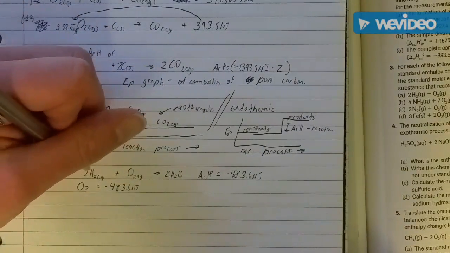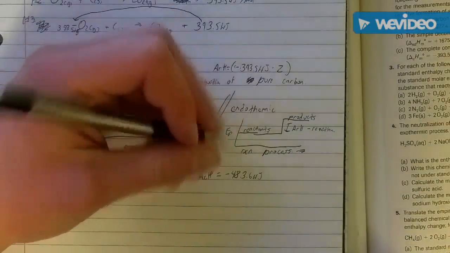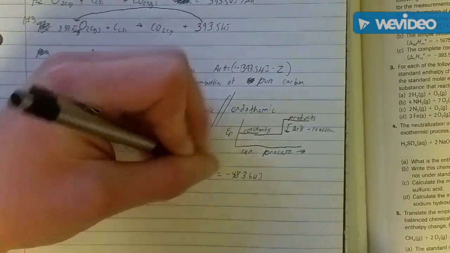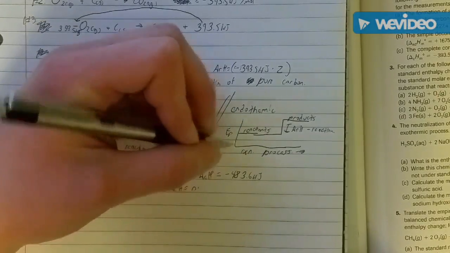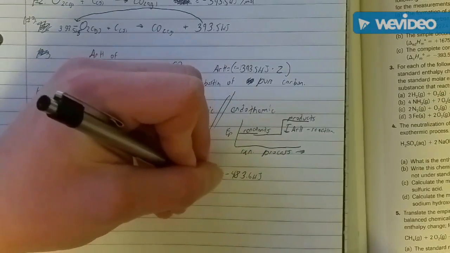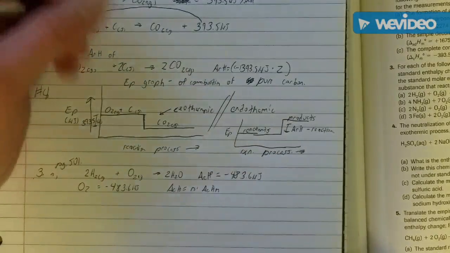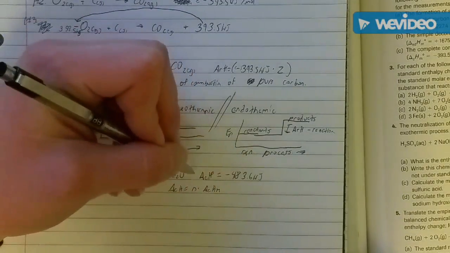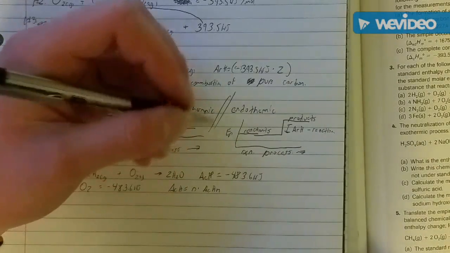However, our hydrogen would be different. And all we're saying is that our delta CH is equal to N times delta CHM, and we're dividing it by the amount of moles by our enthalpy change.